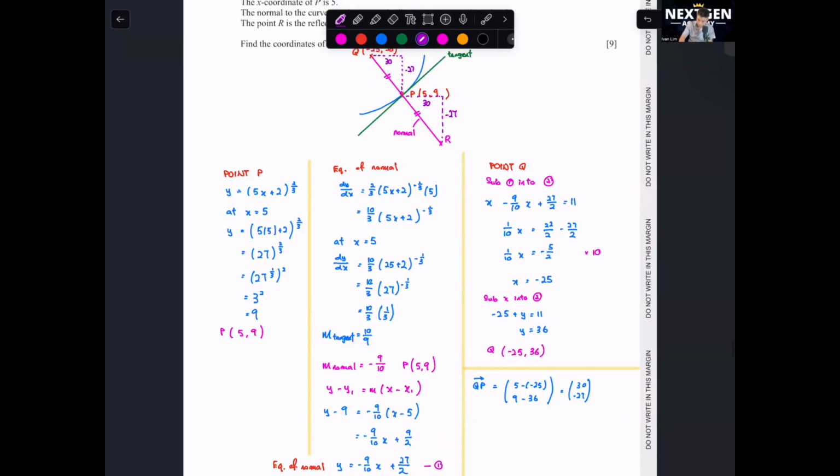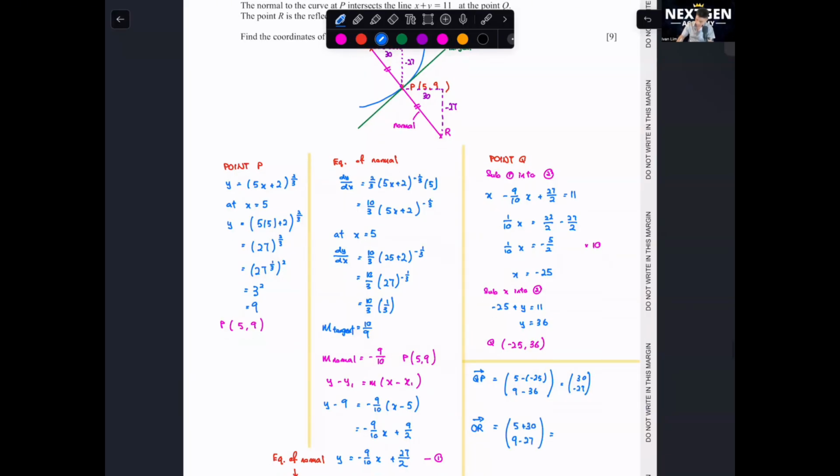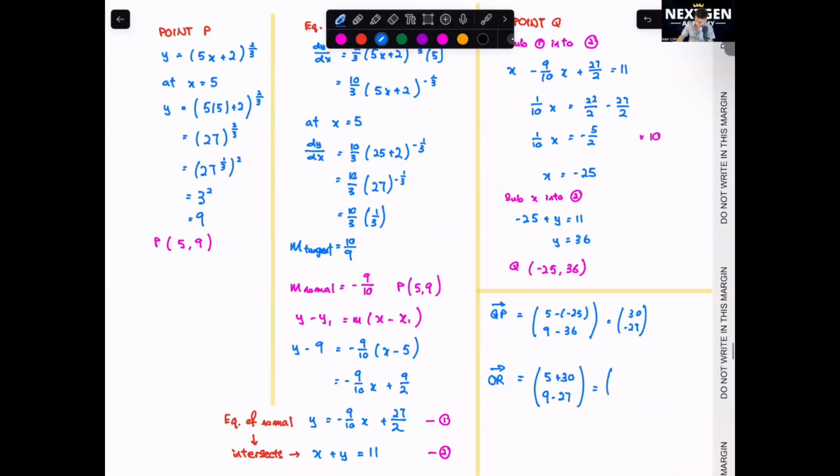So OR will be (5 plus 30, 9 minus 27), which is (35, -18).